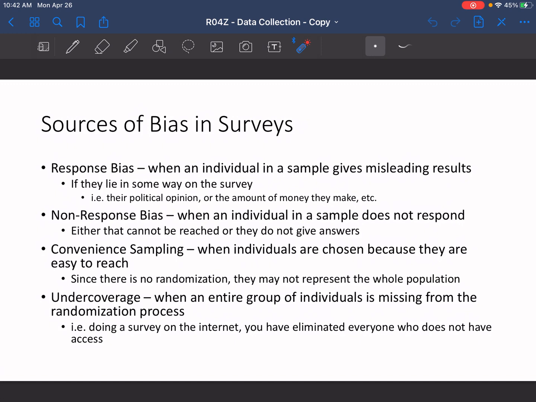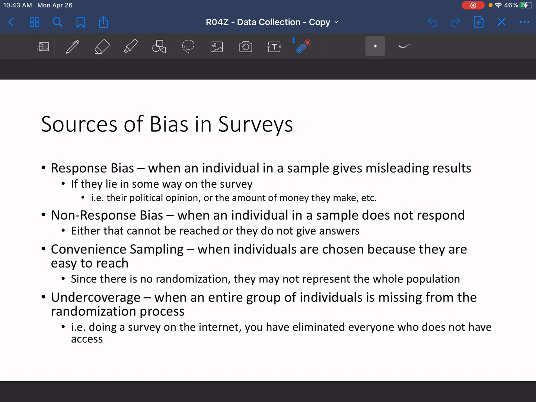We also have convenience sampling, which is when individuals are chosen because they are easy to reach. Since there is no randomization, they may not represent an entire population. An example of convenience sampling would be if I'm just going to call the first 10 numbers in the phone book and sample those people.